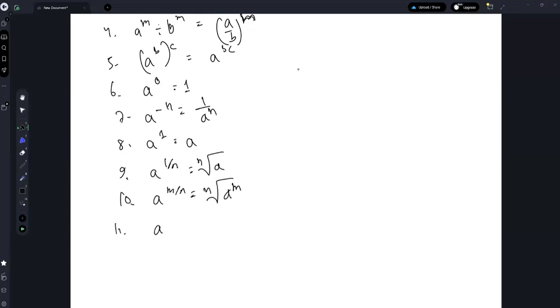Then we have a to the power minus m by n, which is just the reciprocal of a to the power m by n. It is exactly the same as 1 by the nth root of a to the power m.